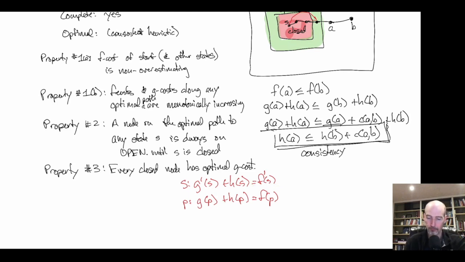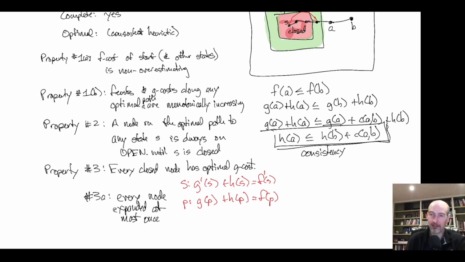Okay. And so what this tells us is property number 3a: every node is expanded at most once.